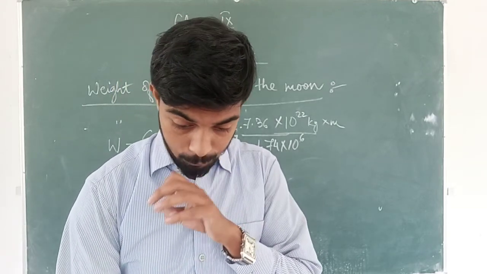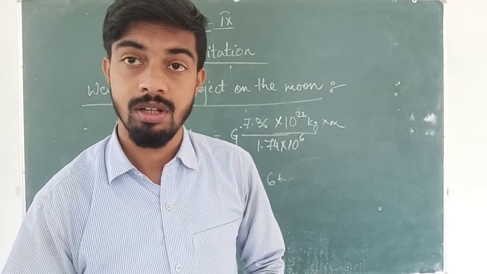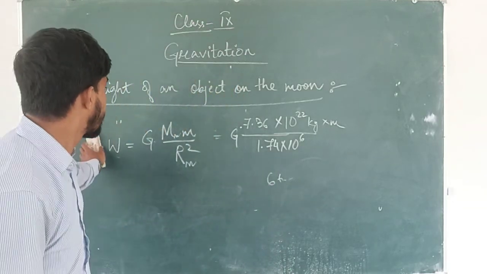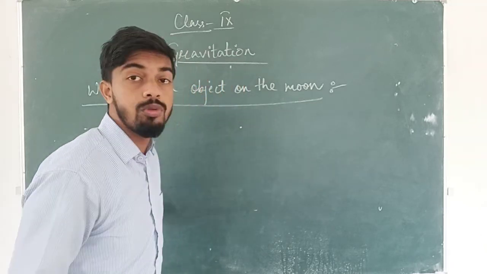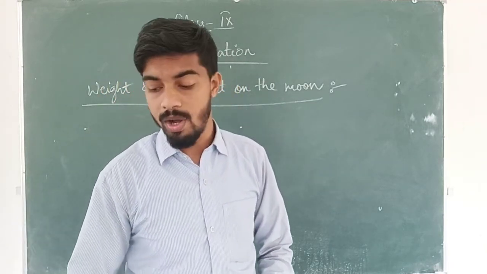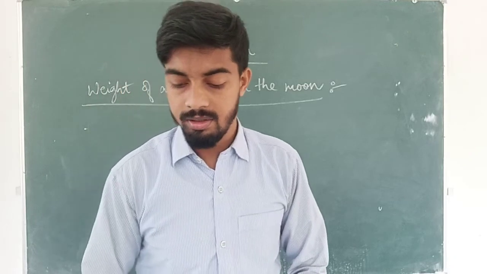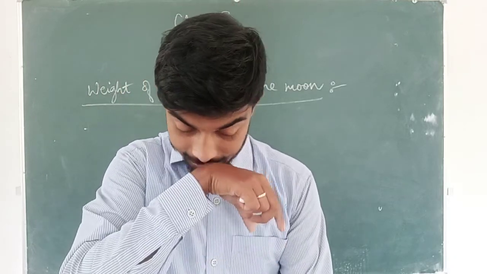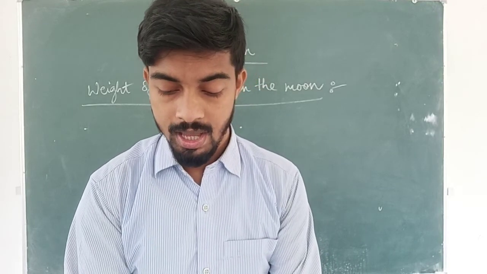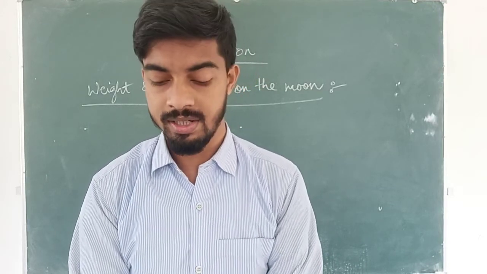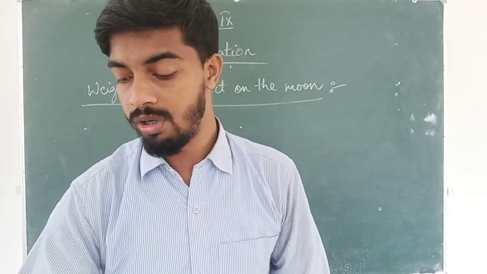This much is required in your syllabus this year. In this chapter, up to mass and weight will be required. The upcoming topics, thrust and pressure in fluids, buoyancy, Archimedes principle, and relative density are not required for this year.